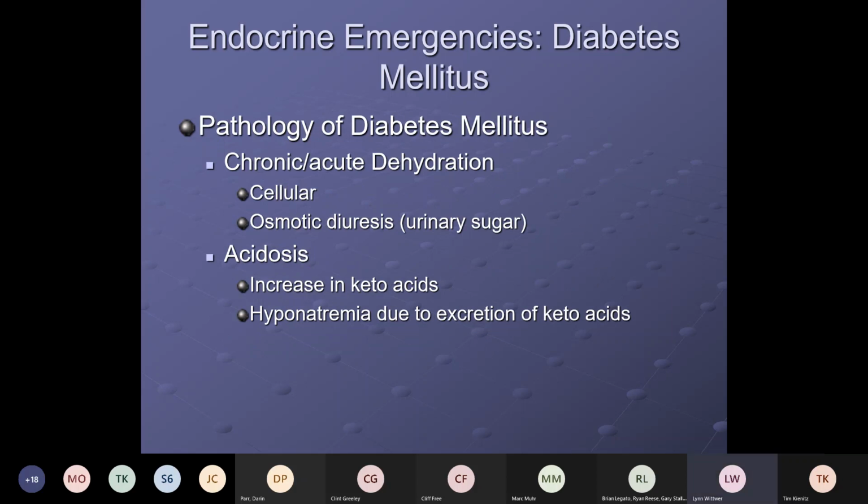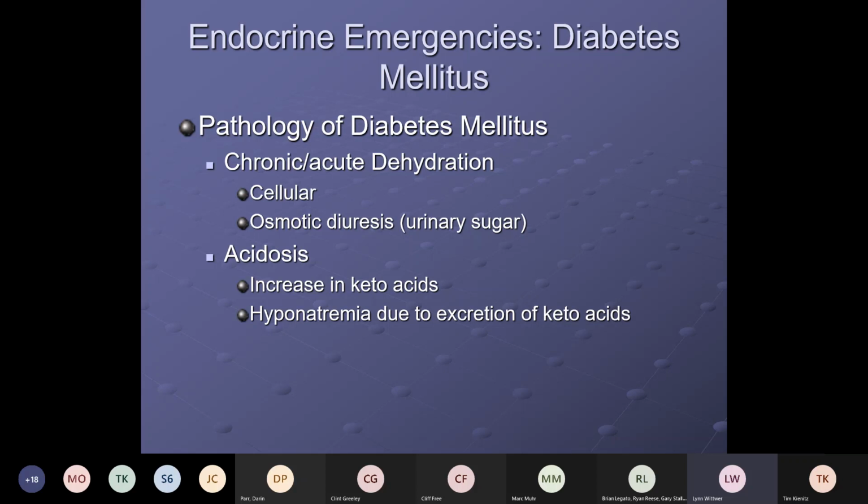Now, getting back to diabetes in general, here's the basic pathology of diabetes mellitus. Although we talk about the insulin, we talk about sugar, when you get into emergencies, we're talking about chronic and acute dehydration at the cellular level and osmotic diuresis due to the urinary sugars, and then acidosis.